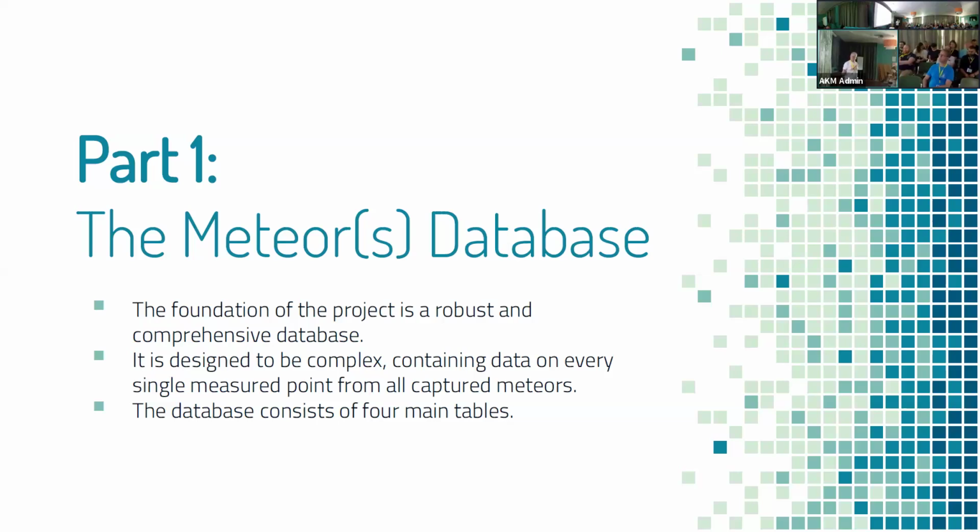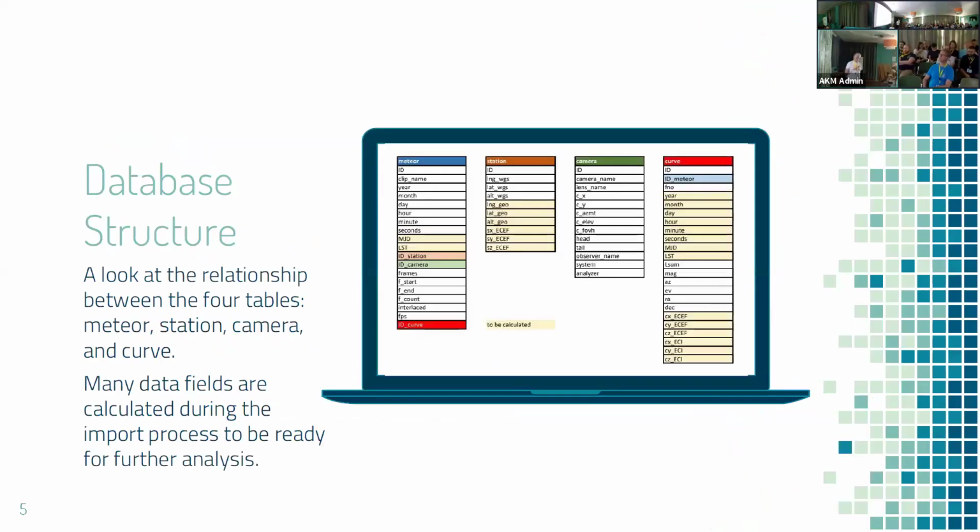It contains 3 tables, and the main table is Meteor. It is information about the meteor: clip name, year, month, etc., number of frames, f start, f end, counts, whether it is interlaced, frames per second.